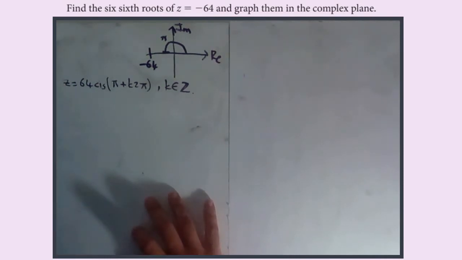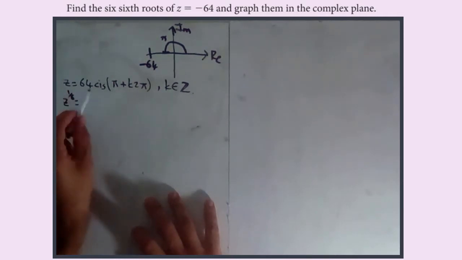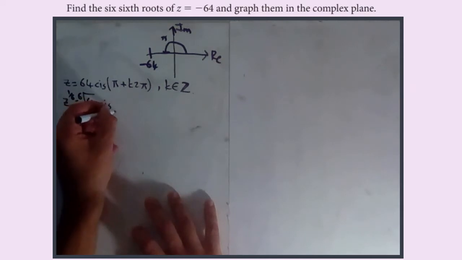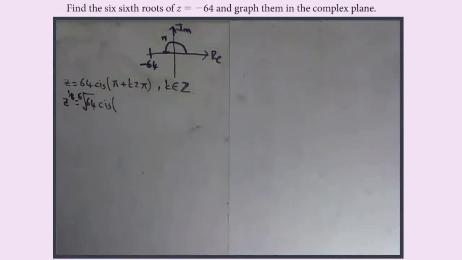Okay, so we want to find the 6th root, so we need z to the power of 1 over 6. So that equals 64 to the power of 1 over 6, so that's the 6th root of 64, cis. If we are raising a complex number in polar form, modulus argument form, to a power, then we raise the modulus to that power, which we've already done with the 6th root of 64, and then we multiply the argument by that power.